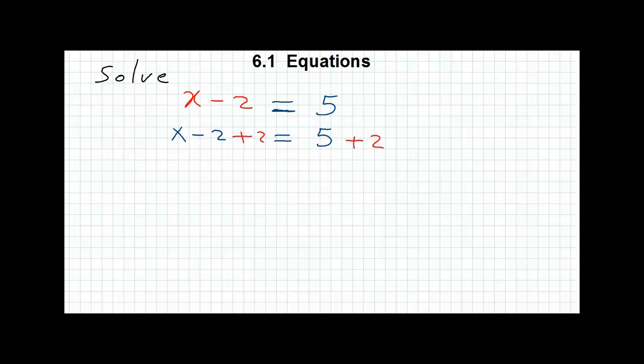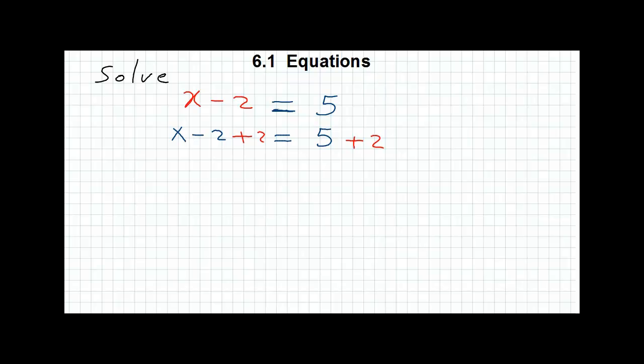So both sides are equal also if we add to both sides the same number, if we subtract from both sides the same number, if we multiply both sides by the same number, if we divide both sides by the same number. So anything you do to one side, you must do to the other side.